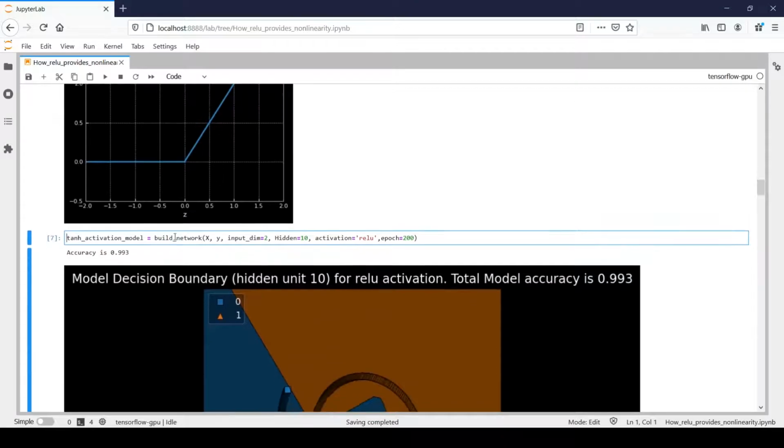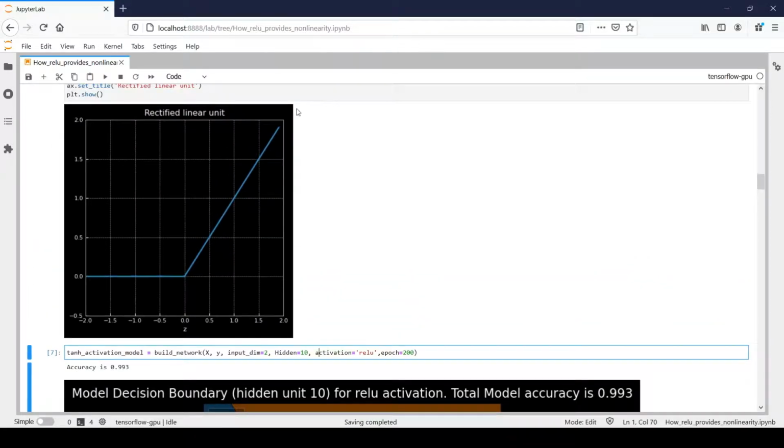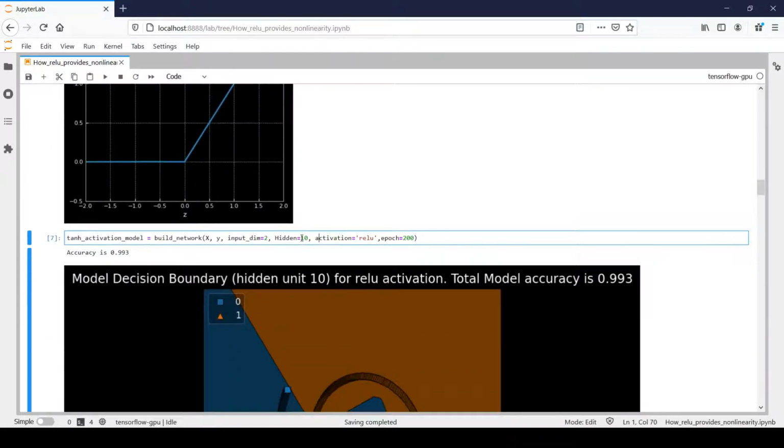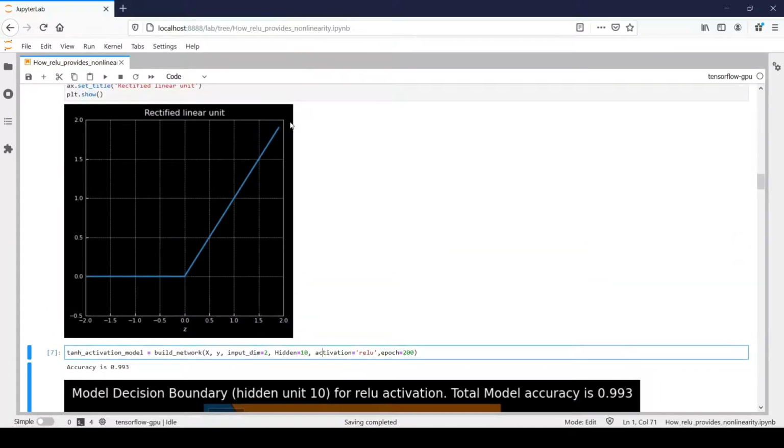Because if you look at the network architecture, we have 10 neurons within my hidden layer, and the activation which we have used is ReLU. So the 10 neurons within my hidden layer will create different decision boundaries with the help of this ReLU activation layer, right? All these 10 neurons will create different sorts of straight lines, depending upon what activation value that neuron will have.